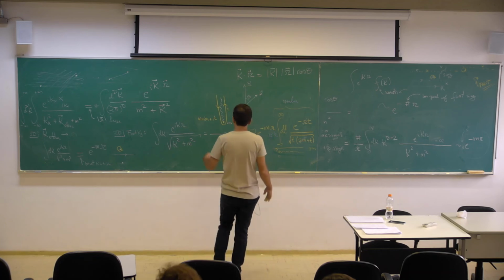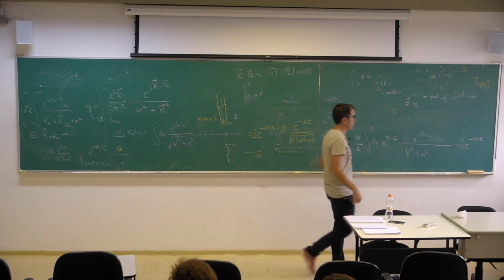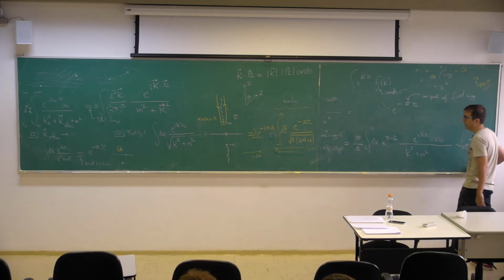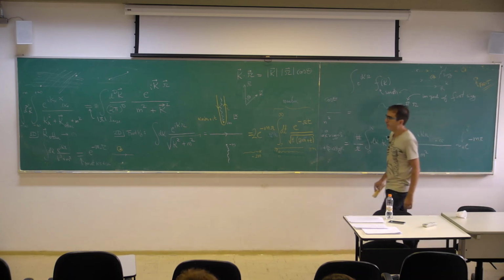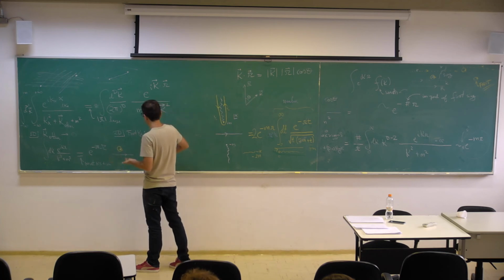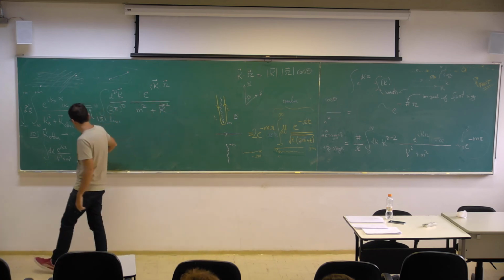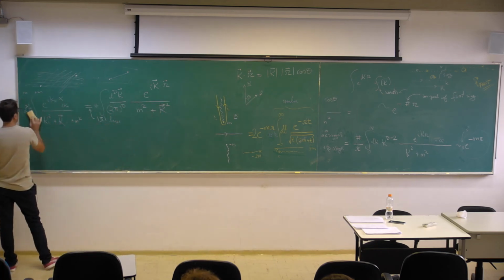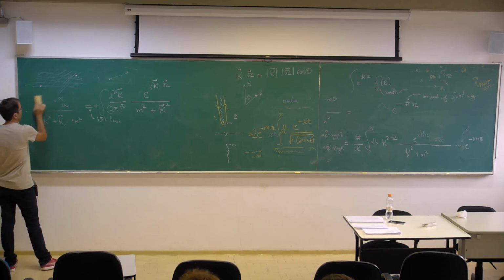I want to ask you what is yet another way that we could estimate a large R behavior. We did it in two ways already. Cartesian coordinates, we see it works. Spherical coordinates, we explained how to do it.